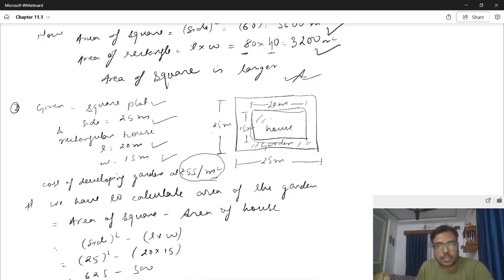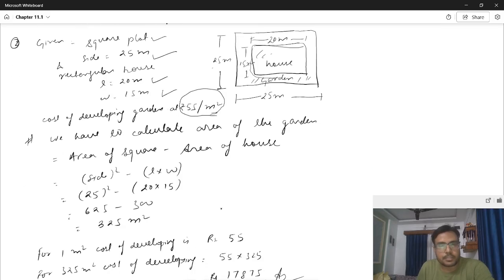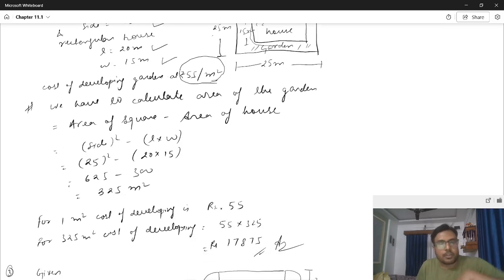So the area of the garden is 325 meter square. Now for 1 meter square, the cost of developing is rupees 55, given. So for 325 meter square, the cost of developing will be 55 into 325, which is equal to rupees 17875. So this much amount will be required.